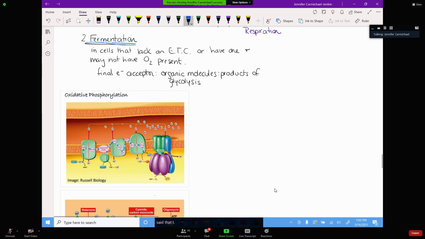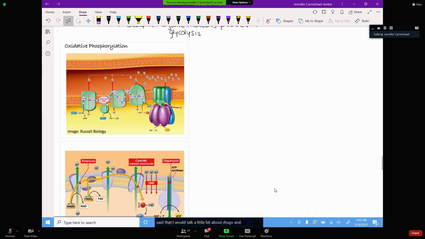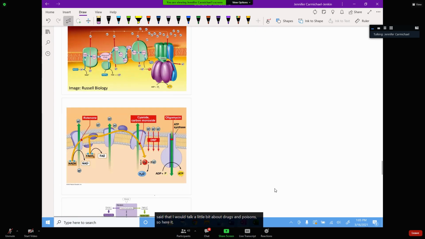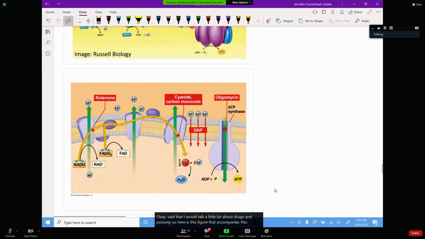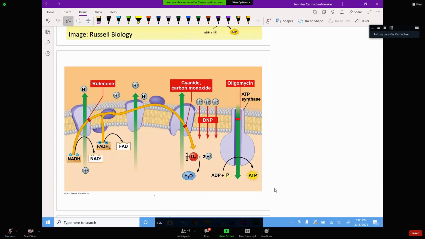I said that I would talk a little bit about drugs and poisons. So here is this figure that accompanies this discussion. We know that carbon monoxide is not good for us and carbon monoxide will kill us. So how does carbon monoxide work? Well, carbon monoxide blocks this last transfer of electrons to oxygen.